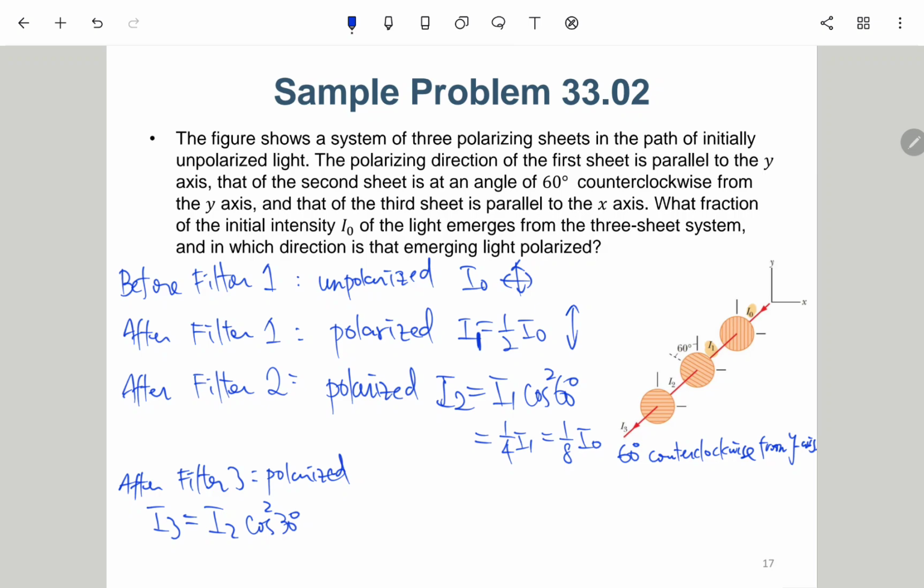Cosine of 30 degrees is square root of 3 over 2, so this is 3/4 of I2, which is 3/4 times 1/8 of I0, which is 0.094 I0. This is polarized along the x-axis.